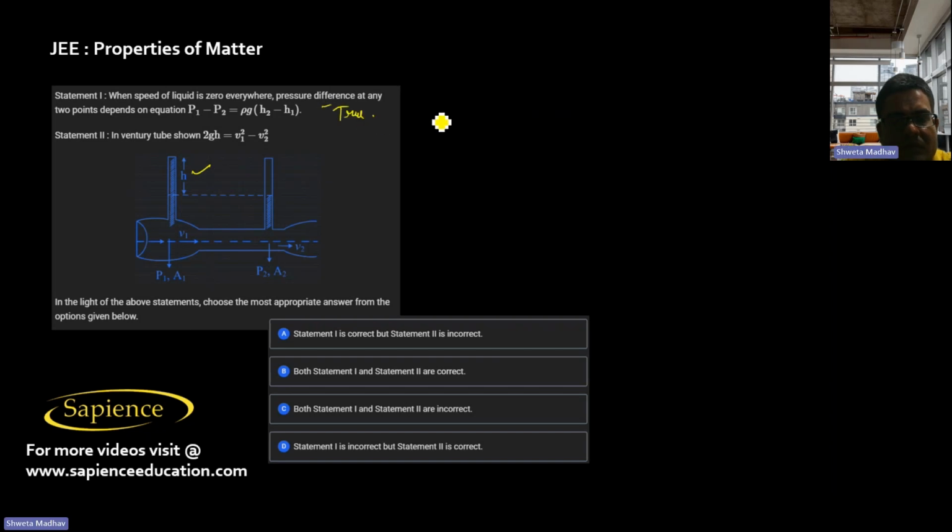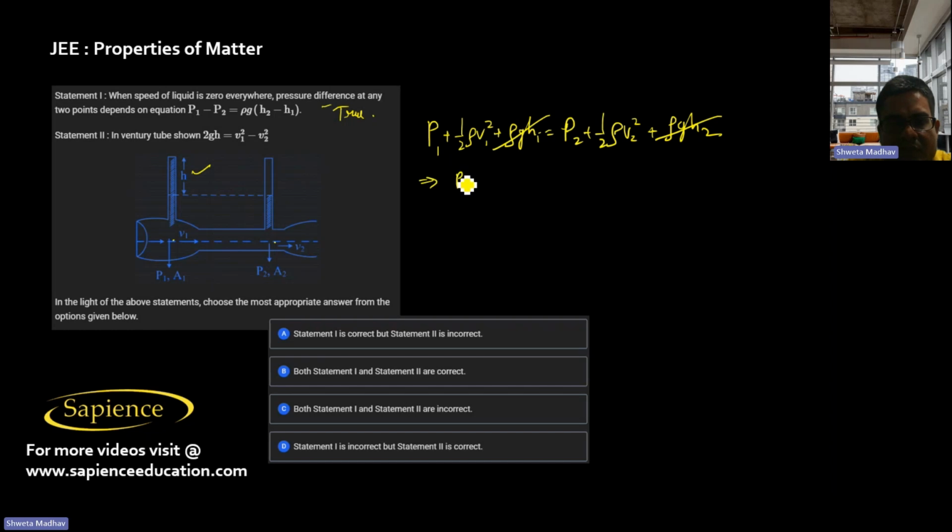It's true. And so if we apply Bernoulli's equation, P plus half rho V square plus rho g h is equal to constant. Now P1 plus half rho V1 square plus rho g h1 will be equal to P2 plus half rho V2 square plus rho g h2. Now here the height of these 2 points are same only, so these two will cancel.